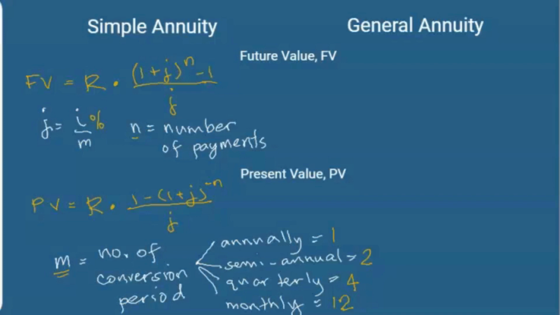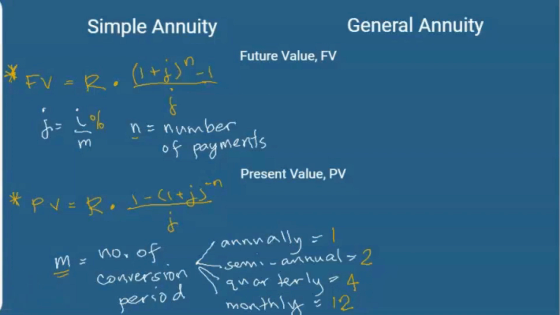Now, these formulas vary because different books use different variables, but they're all the same. For general annuity, we will do that in our next video. For now, we're just going to concentrate on simple annuity problems.